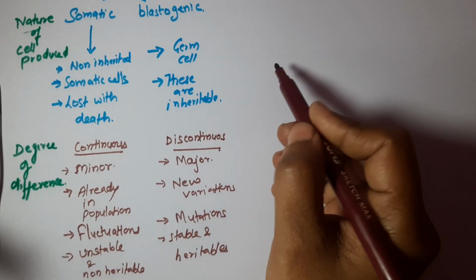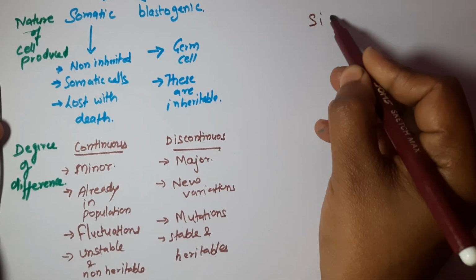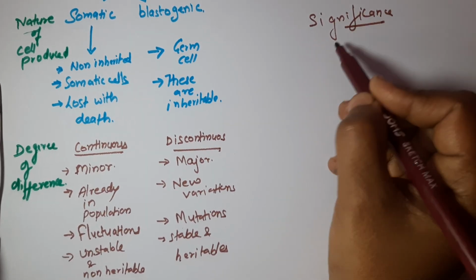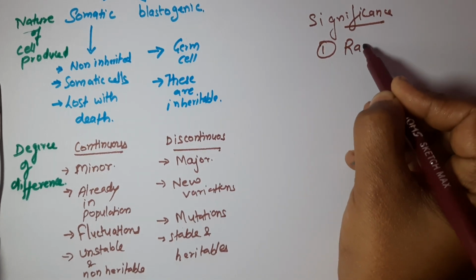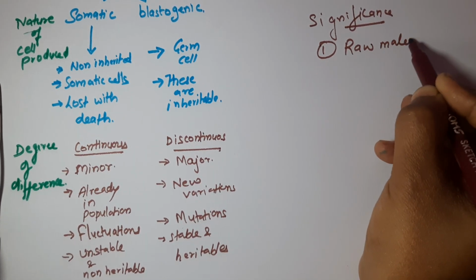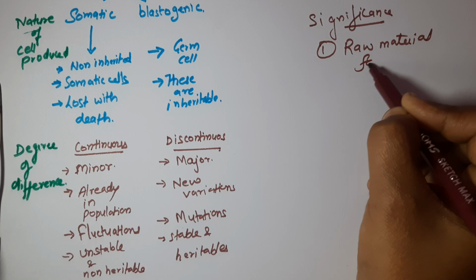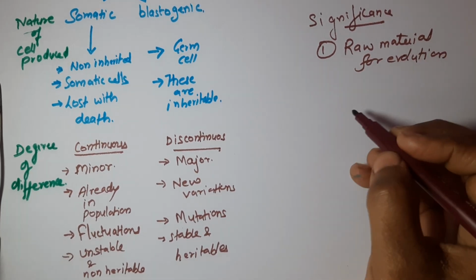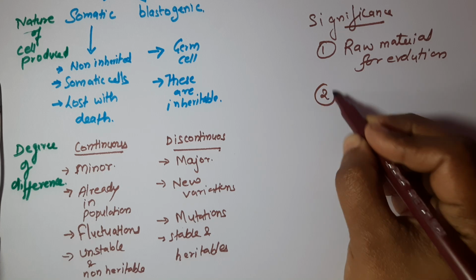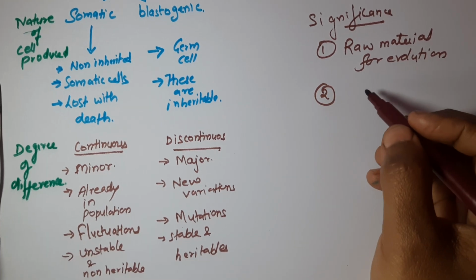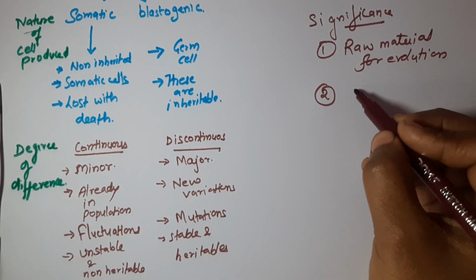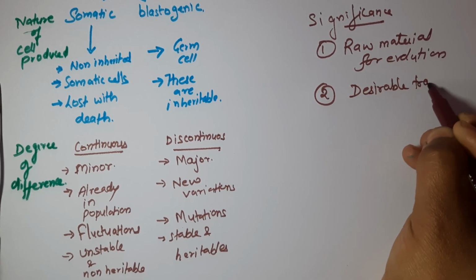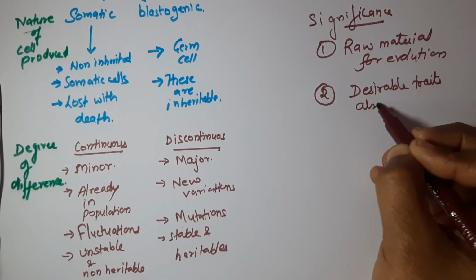Now let's quickly talk about the significance of variation. It's the raw material for evolution. These variations sometimes give rise to desirable traits also.